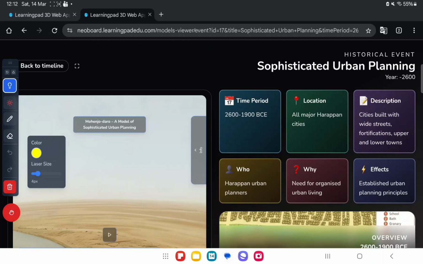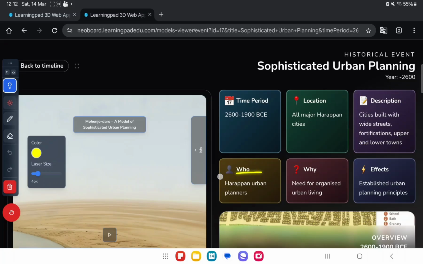2600 to 1900 BCE. BCE here denotes that B for before, C for common, E for era. Before common era, and the location is all major Harappan sites. Description: cities built with wide streets, fortification, upper and lower towns we are going to see today.